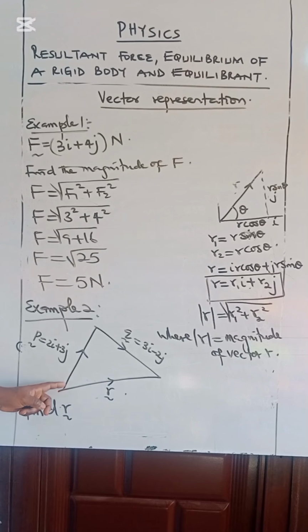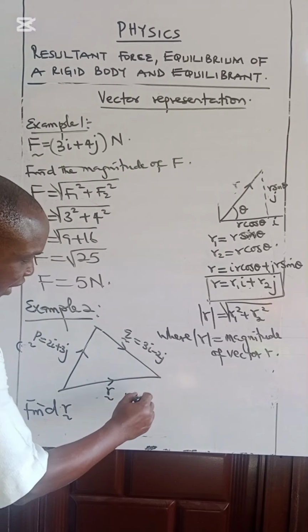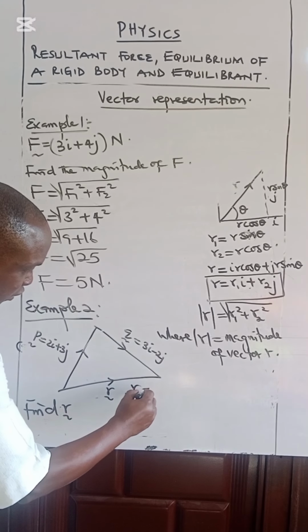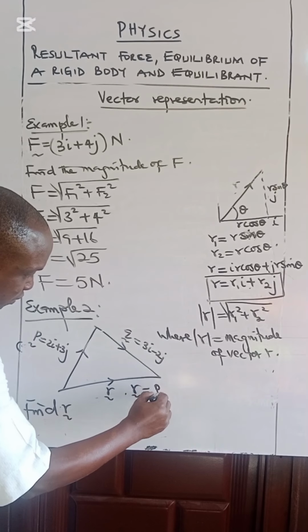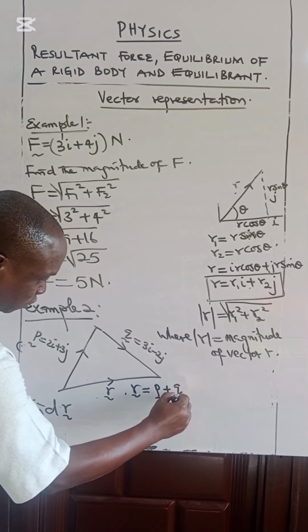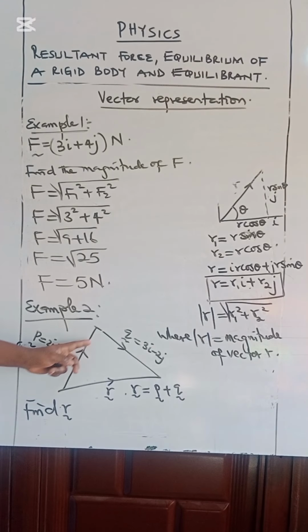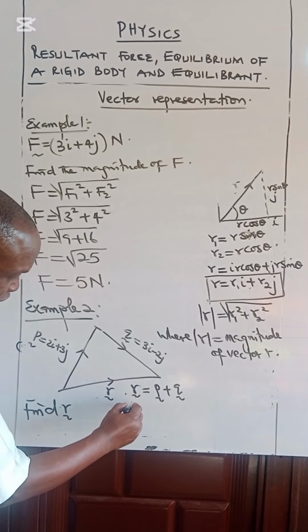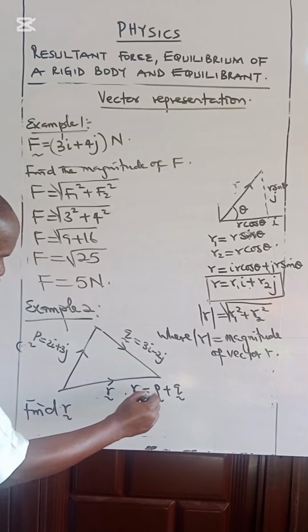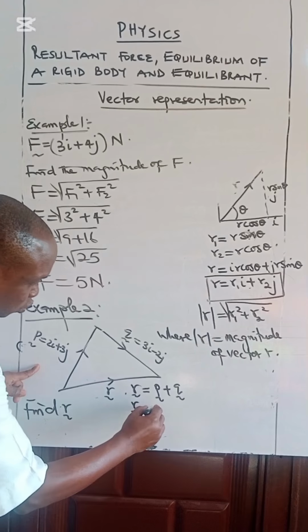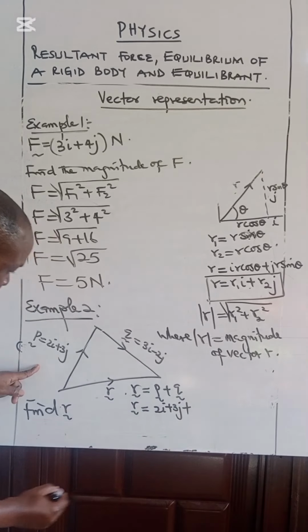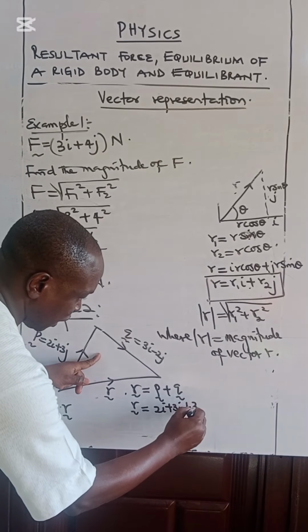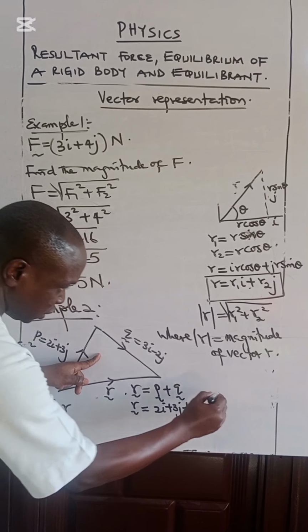Like I've said, you can see this one is in the same direction, meaning this is the resultant. R will be the summation of P and Q, which is vector P plus vector Q. So R is equal to 2i plus 3j plus 3i minus 2j.